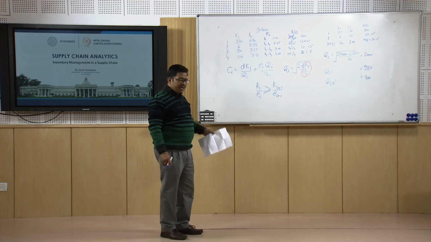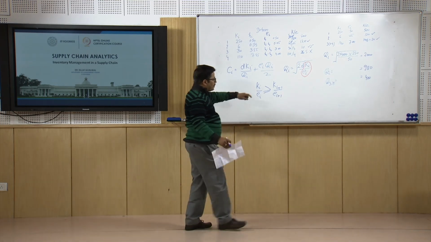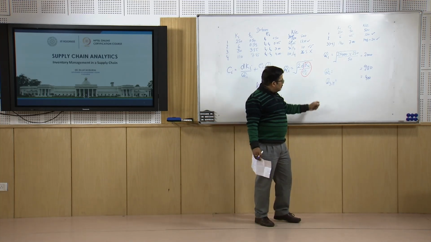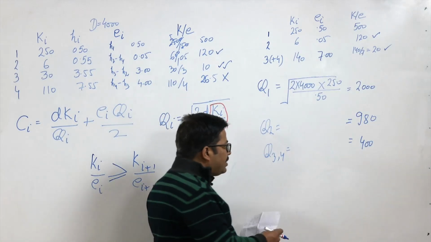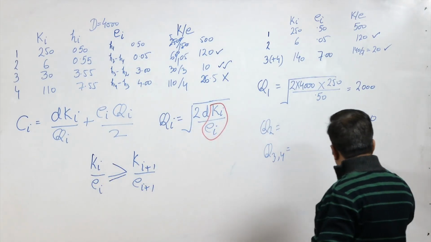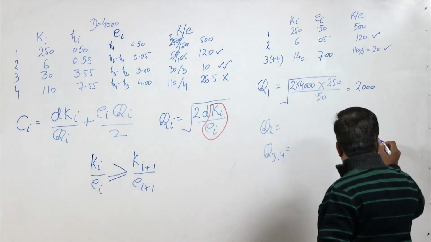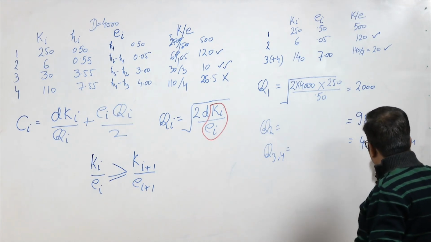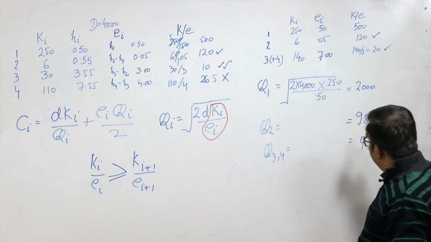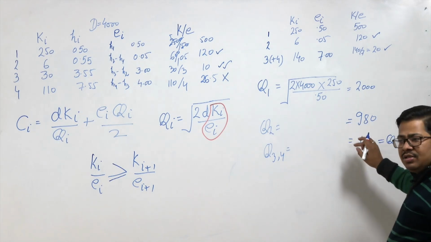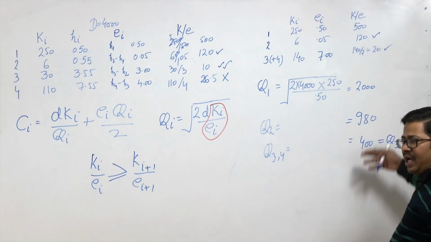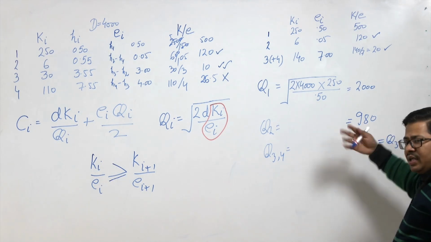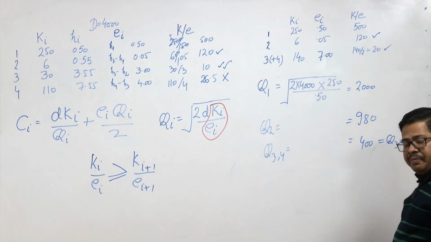But now you can see on your own, once we have calculated these values, Q3 is also 400 and Q4 is also 400. This means Q3 equals Q4. Now 980 is not a direct multiplier of 400, and 2000 is also not a direct multiplier of 980.